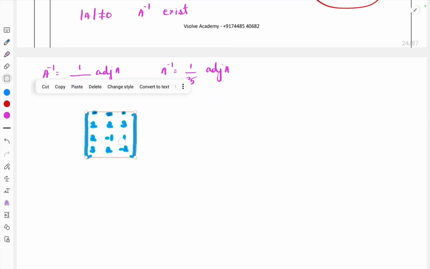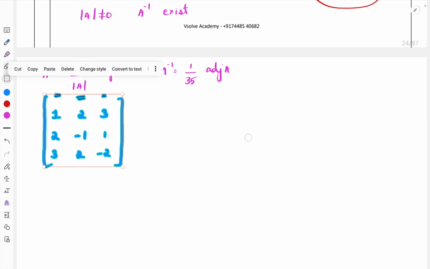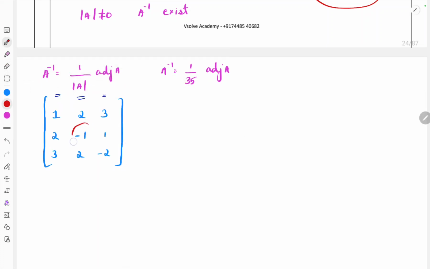So this is matrix A, and from here we take the middle element, which is minus 1, and in this order we go: minus 1, 2, 2, minus 1. Then the next is 1, minus 2, 3, 1. Next it is 2, 3, 1, 2. Again we come to minus 1, 2, 2, minus 1.